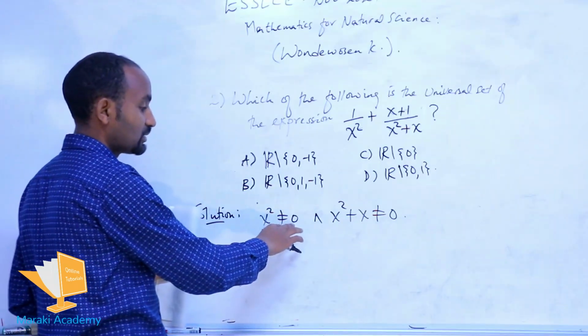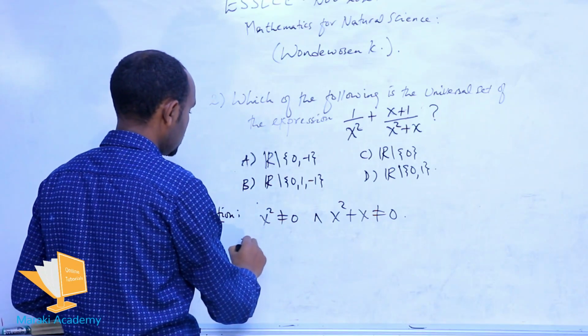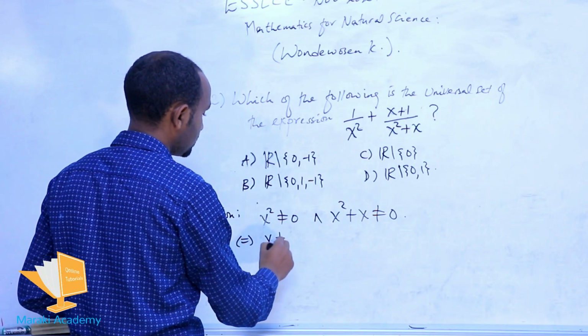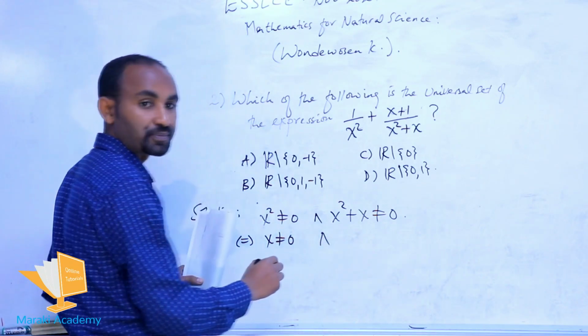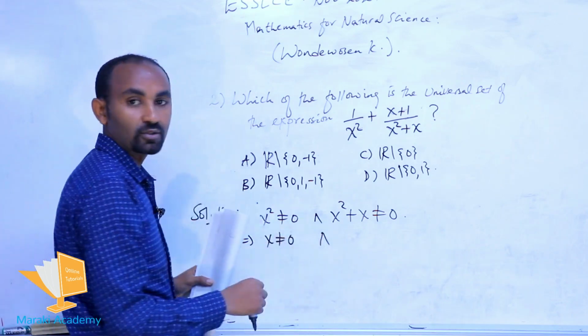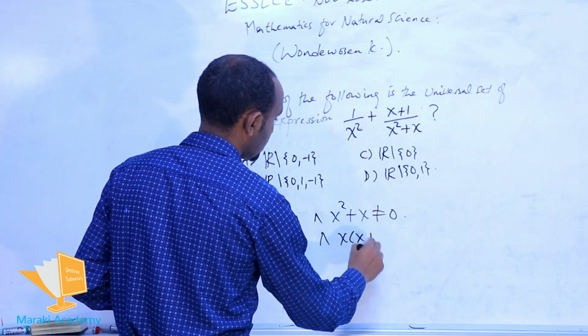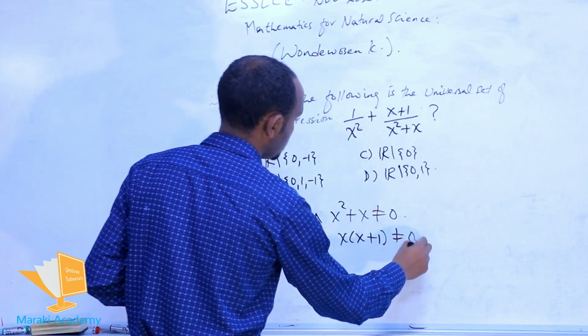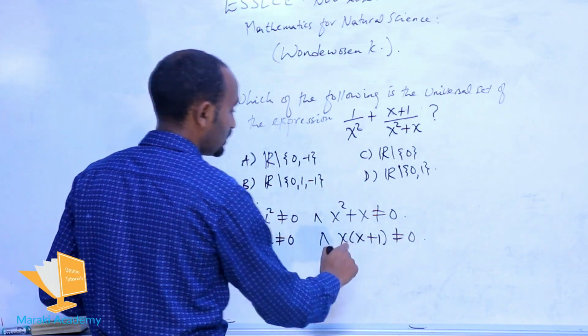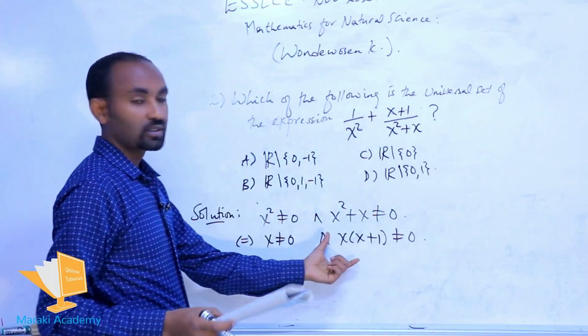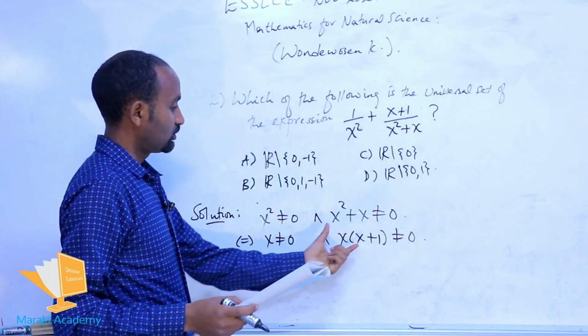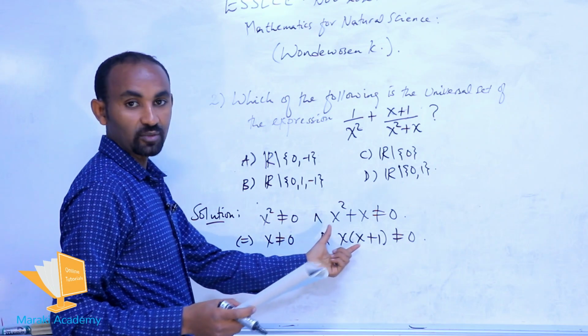So x squared plus x should be different from 0. This is if and only if x itself is different from 0, and the logical conjunction, and x squared plus x, which means x times (x plus 1), should be again different from 0. The product of two numbers is 0 when at least one of the numbers is 0.